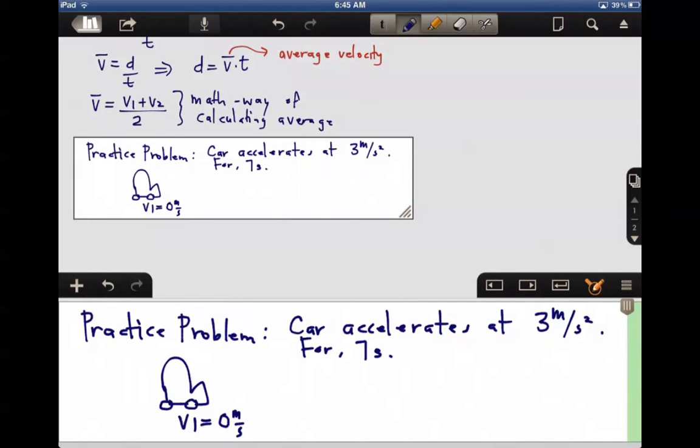So the car is going to speed up going this way. The two things I want to know are what is v2 after 7 seconds, and what is v average for that 7-second interval.